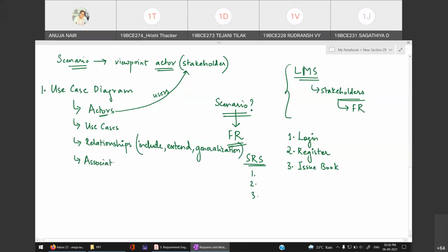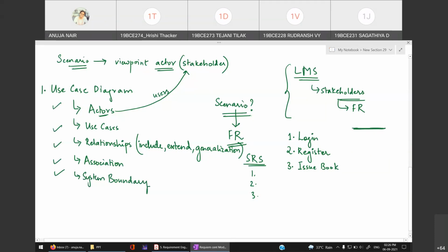Association is basically how you connect one thing to another. You have a straight line, and the straight line is called your association. And then you have the system boundary. So every use case diagram that you create will have all these five things in it for sure: actors, use cases, relationships, association, and system boundary.